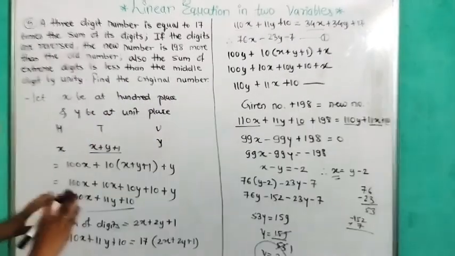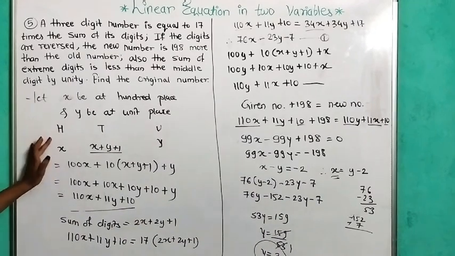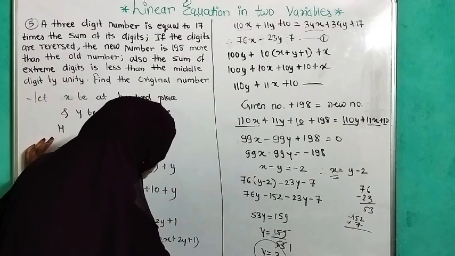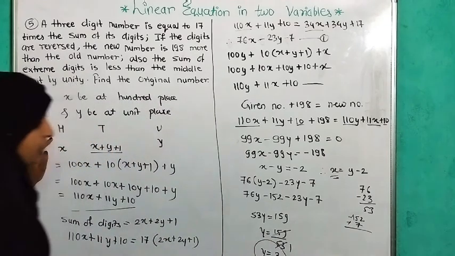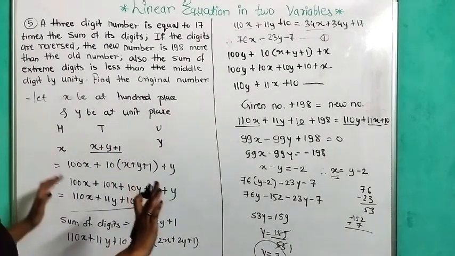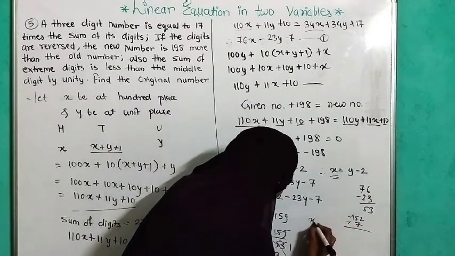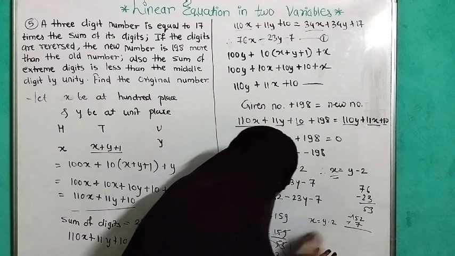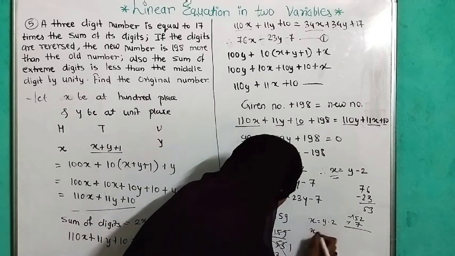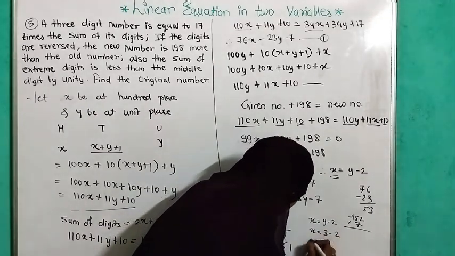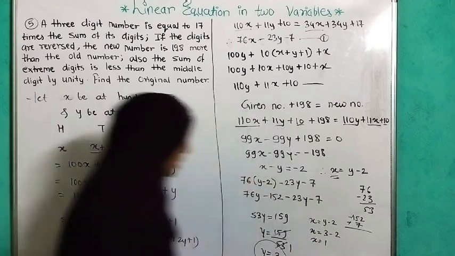Now we know y is equal to 3 and x is equal to y minus 2. So x is equal to 3 minus 2, which means x is equal to 1.